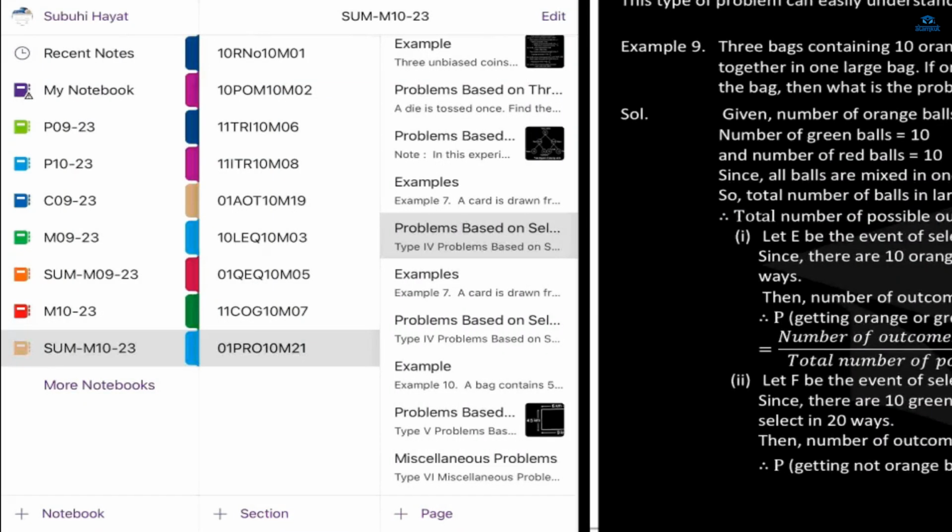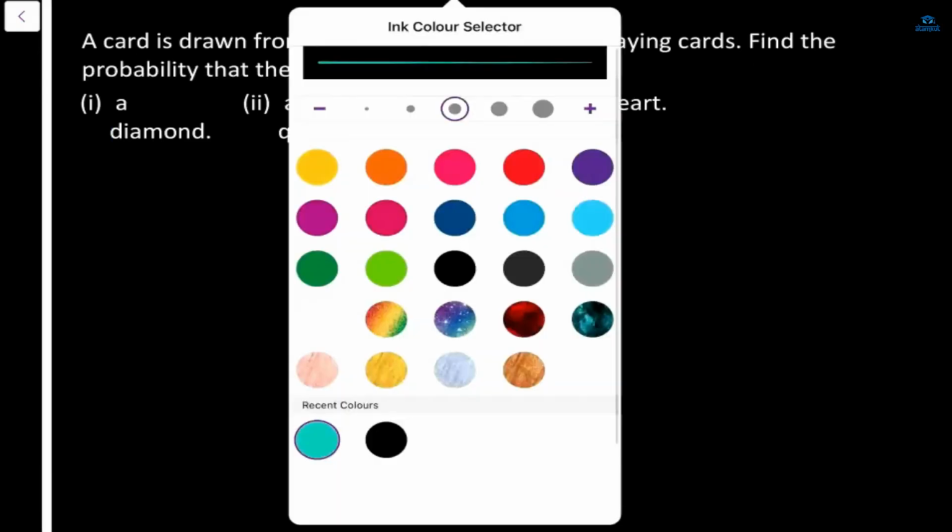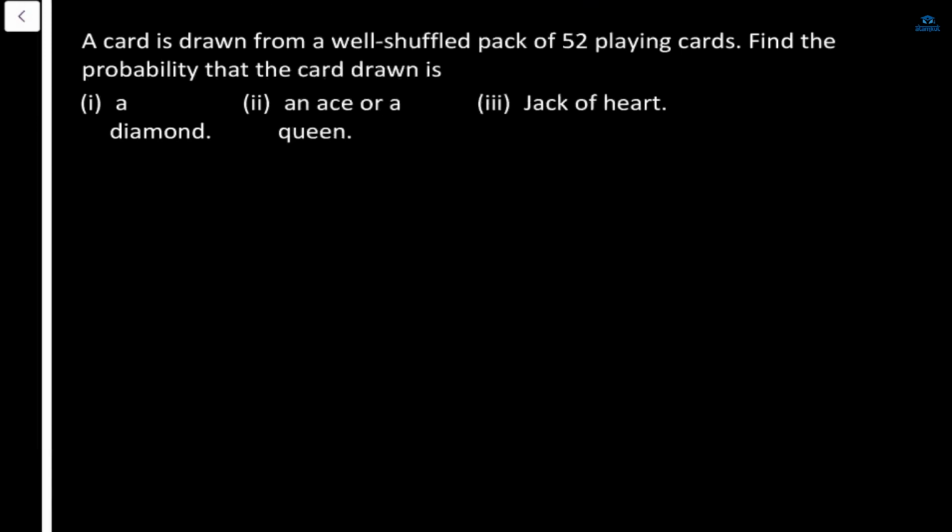Let's see some more problems here. A card is drawn from a well-shuffled pack of 52 playing cards. Find the probability that the card drawn is a diamond. First of all, possible outcomes will be 52, because in a pack of playing cards we have 52 cards.